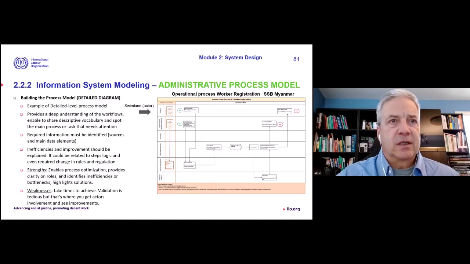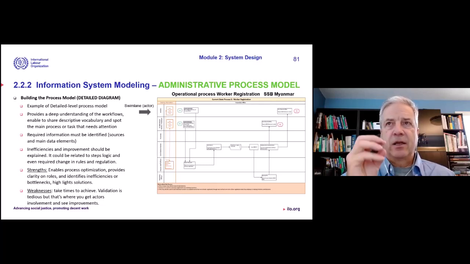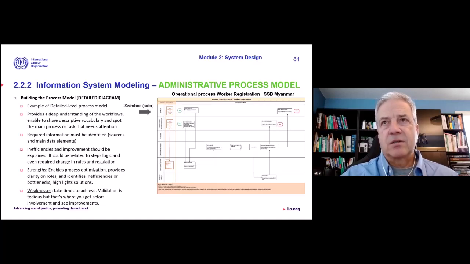So the idea is that each lane represents a department or a specific person that does a specific task. The boxes are the tasks that are executed by a person, either in a department or a specific department.